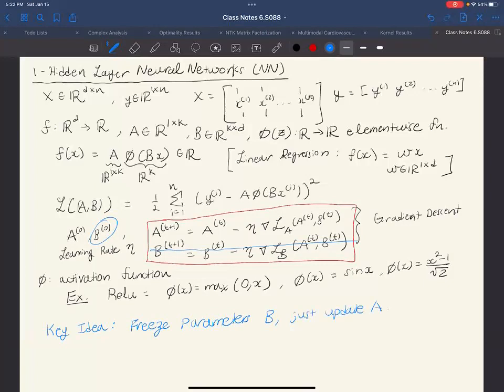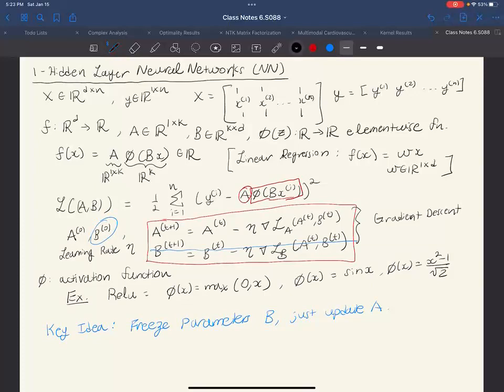Now, why is this an interesting idea, and how will it help us understand neural networks in the context of kernels? Well, if you think about b as a fixed random value, then the whole part here, a phi of b x_i, is just a random fixed feature map that we're applying to our data x. And then we're just updating a linear set of weights, a.